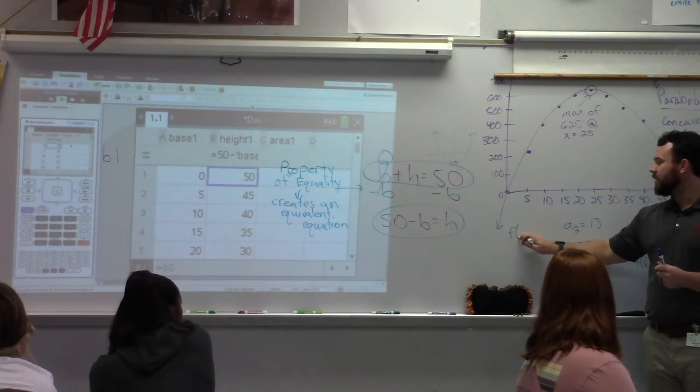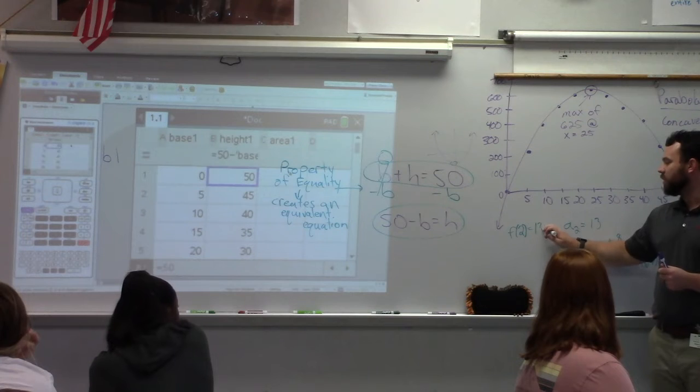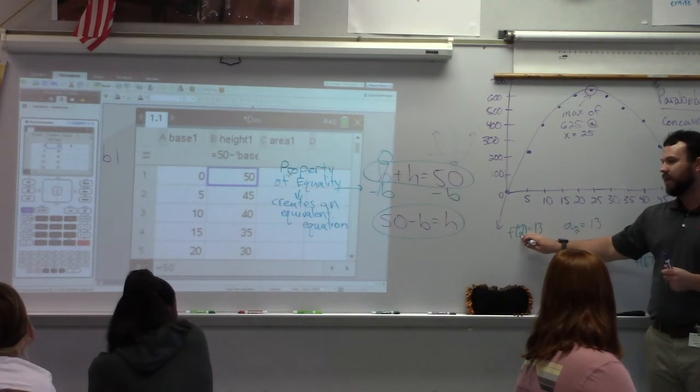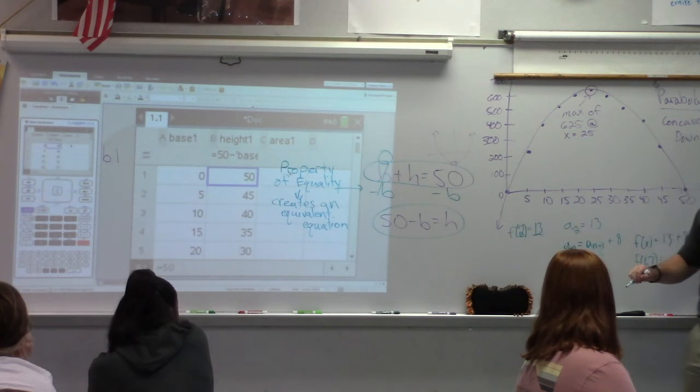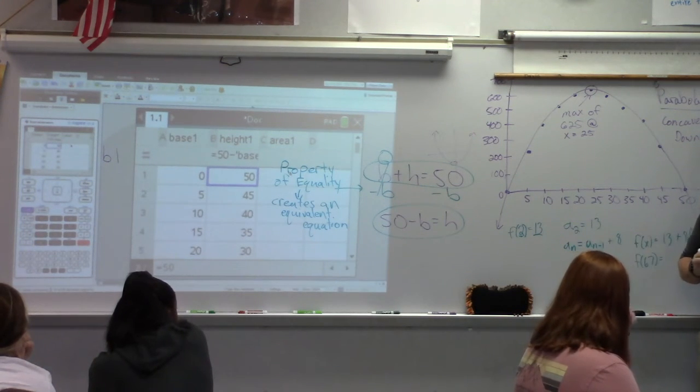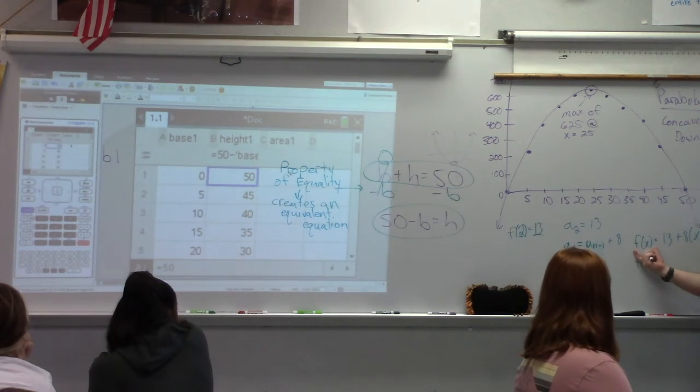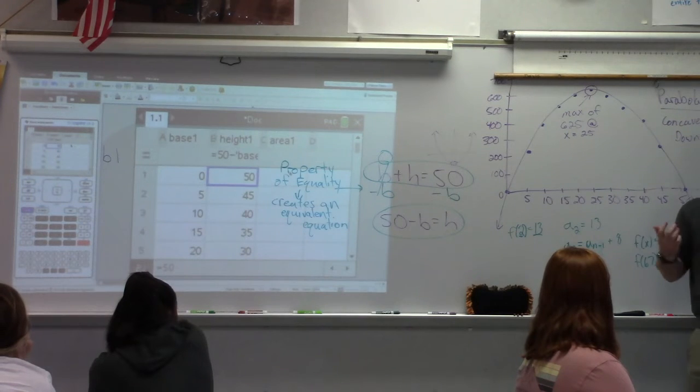It's the same idea as saying f of 2 equals 13, just meaning that the second value, or the second number, has a value of 13. So what's that? It's just defining a sequence. So you know how we have f of x defines a function? The a defines a sequence. So it's just saying that you have a sequence. That's all it's saying. And within that sequence, the second number is 13.